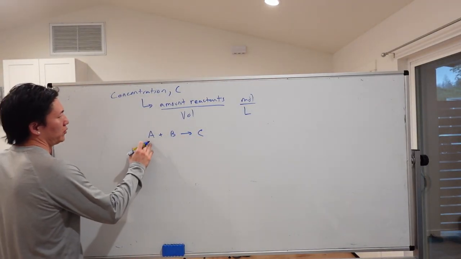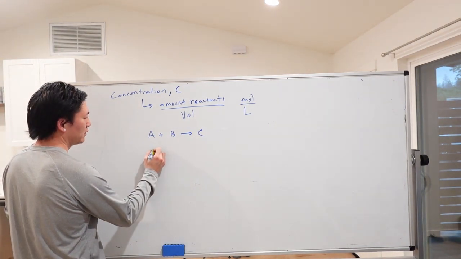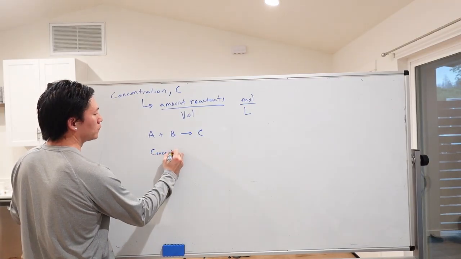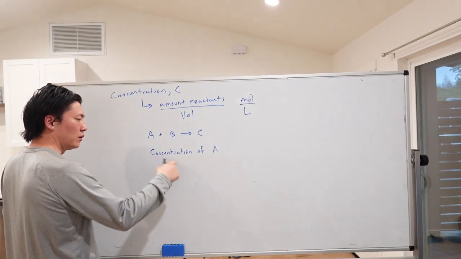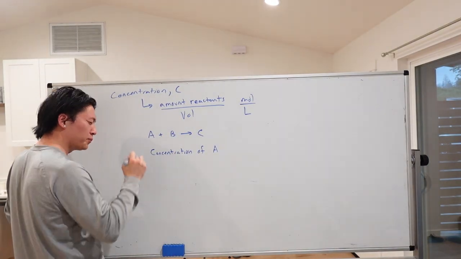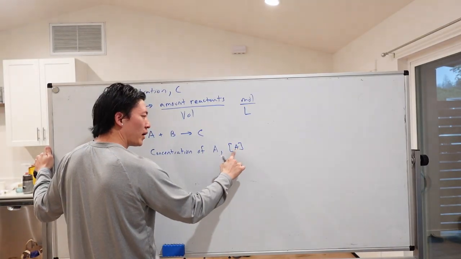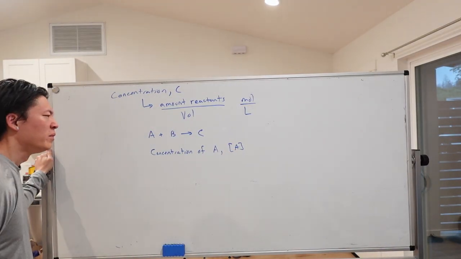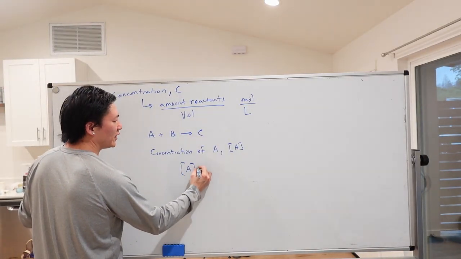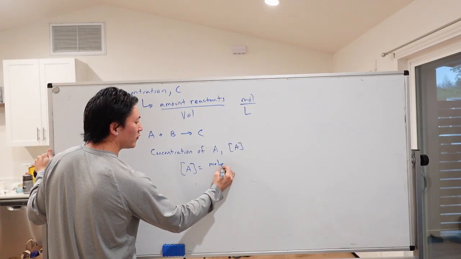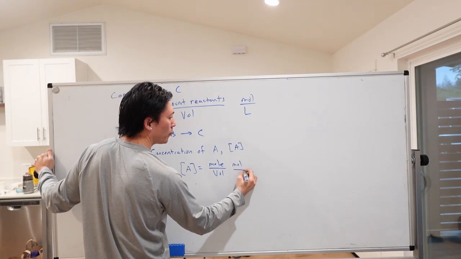If I want to know the concentration of A, I'll express that like this: concentration of A. Sometimes this word is really hard to spell out all the time, so to simplify it, they'll just use brackets. The brackets mean concentration of A. So if I want to calculate the concentration of A, I just need to get the moles and divide it by the volume. And the unit is usually moles per liter.